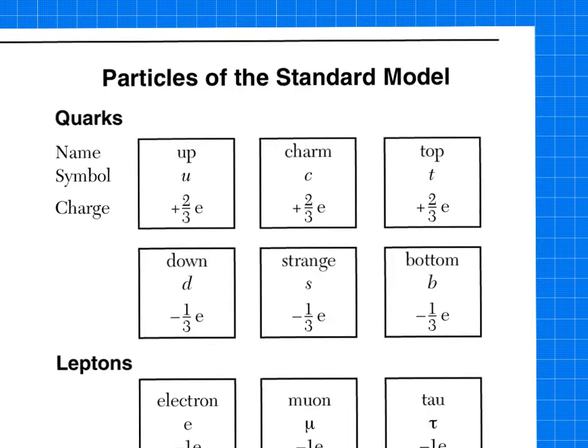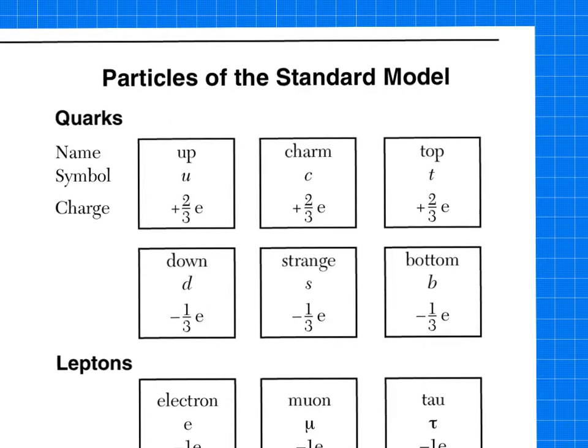Top, T, again, plus 2/3 of an elementary charge. And then you have your down, D, your strange, S, and your bottom, B. All of those are -1/3 E. So you can combine three quarks together to make a +1, -1, or a neutral 0 E charge.